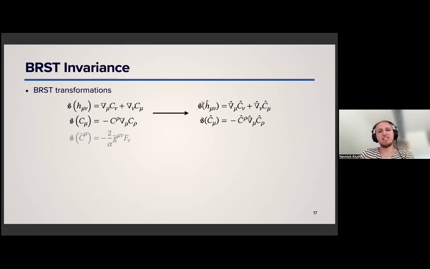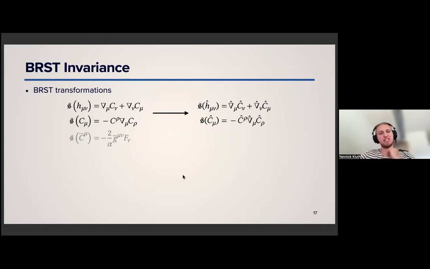Similarly, if we have flowed Faddeev-Popov ghosts, we can see that the BRST transformation of the Faddeev-Popov ghost at finite flow time also has the same structure as at vanishing flow time.